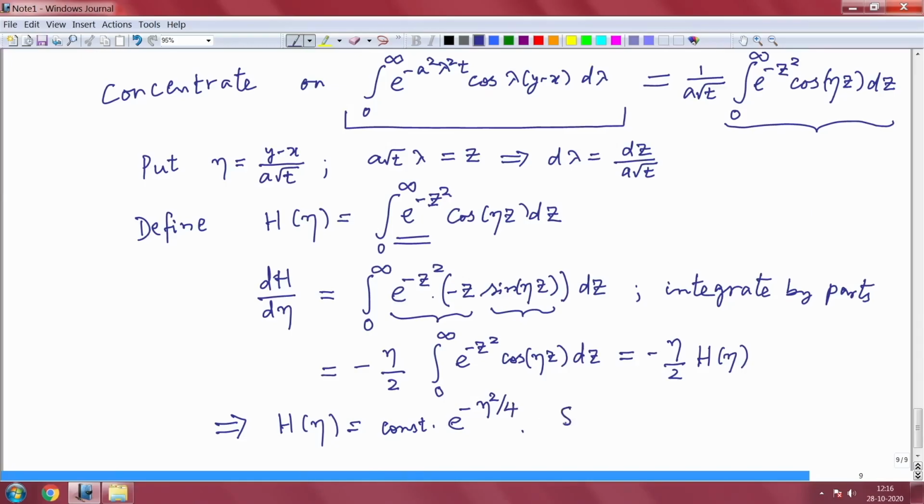Since h of 0, putting eta equal to 0, has cos 0 equal to 1, this is a well known integral whose value is root pi by 2. So this constant is root pi by 2, and we obtain h of eta.